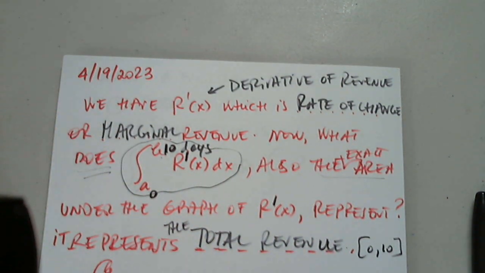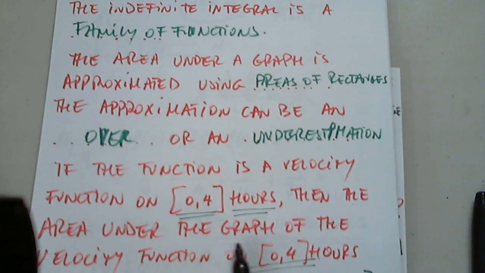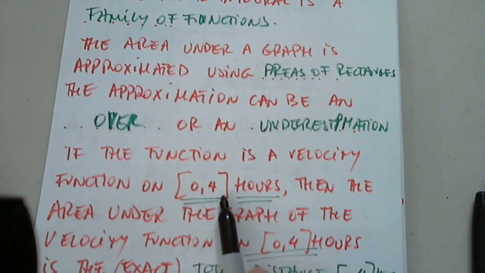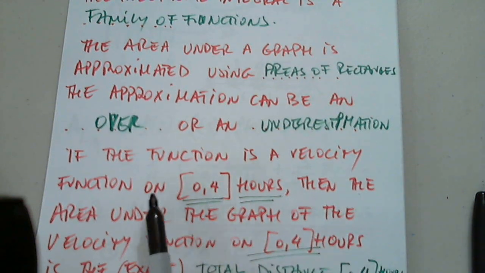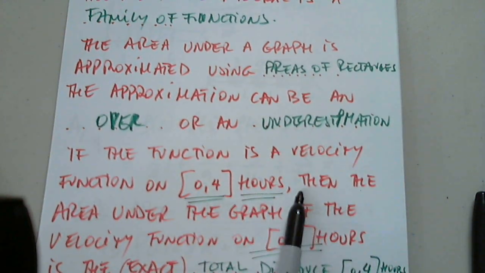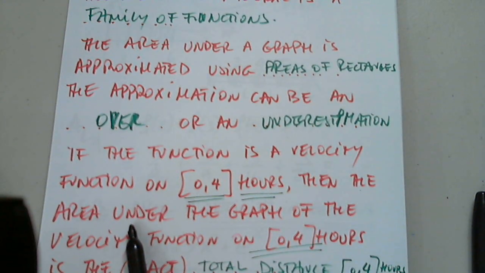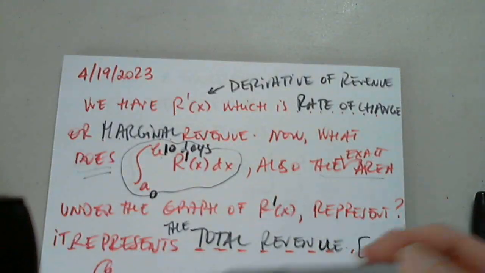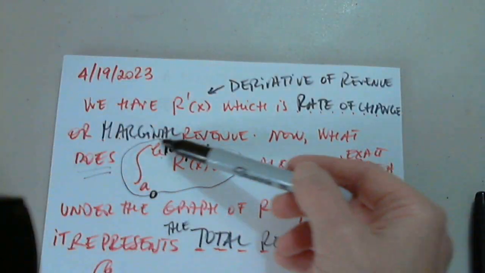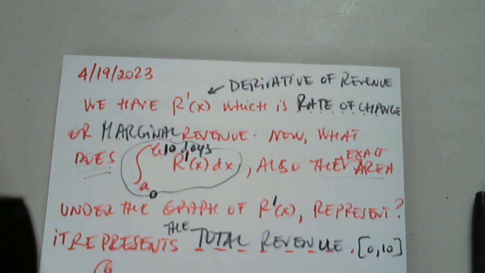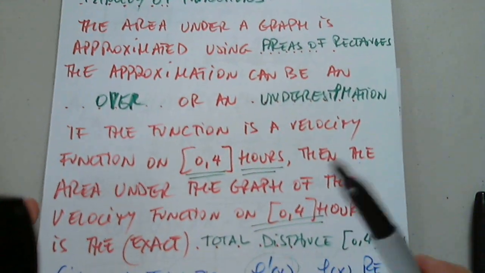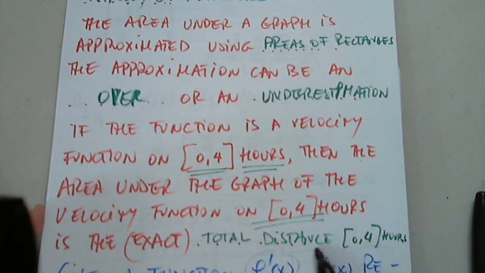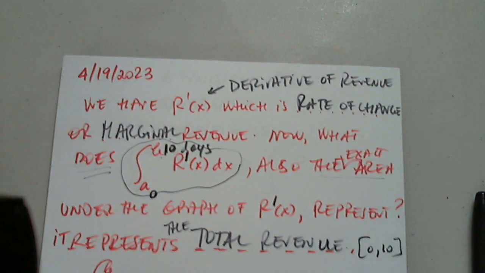We had the same concept here, but I used a different function. If the function is a velocity between 0 and 4 hours, the area is the total distance between 0 and 4 hours.